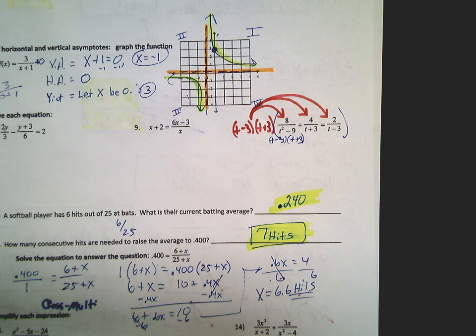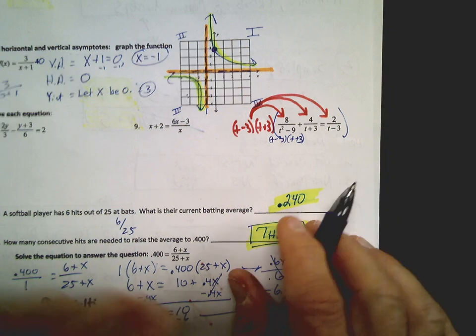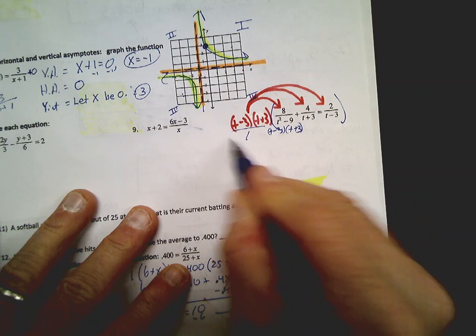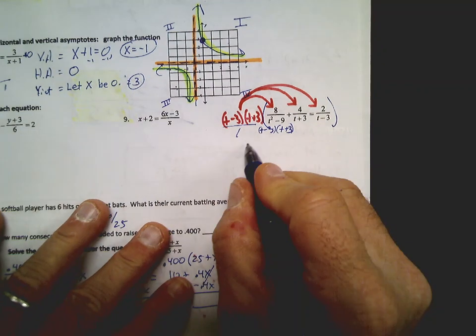So if these 2 cancel, your job is to put it all down on paper. So it'll look something like this. These cancel right here, so that's like over a 1. So I'm left with an 8.